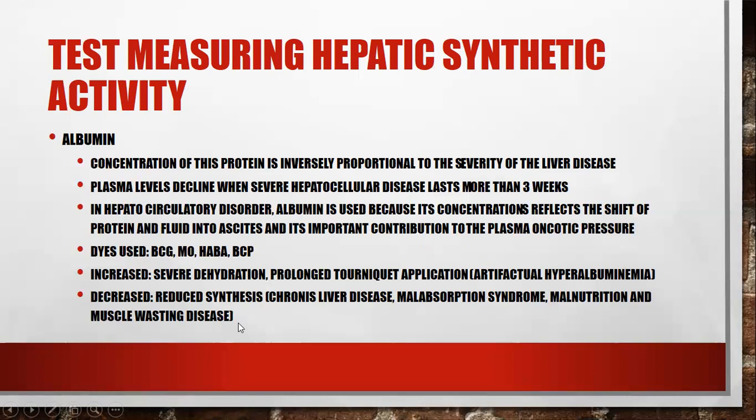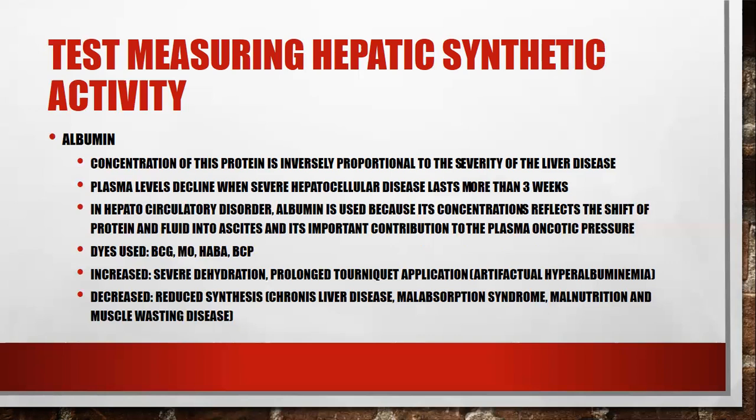It may be decreased also in states wherein there is increased loss of albumin, in diseases such as nephrotic syndrome, wherein you lose 20 to 30 grams of proteins per day. Other disease states where there is increased loss of protein are massive burns, protein losing enteropathy, and orthostatic albuminuria.